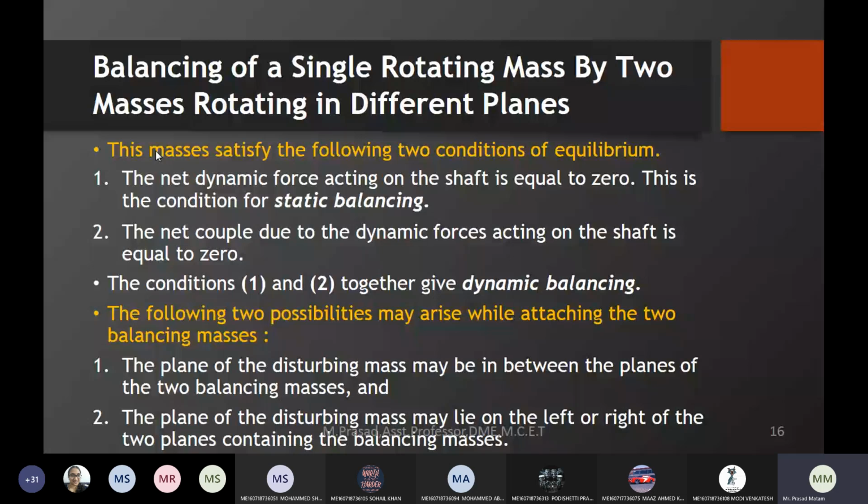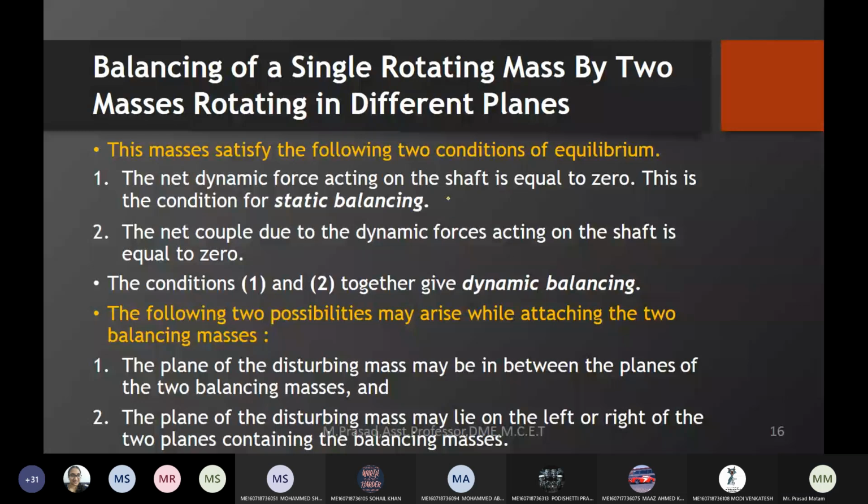What are the two conditions? The net dynamic force acting on the shaft should be equal to zero. That is the condition for static balancing. Next, the net couple due to dynamic forces acting on the shaft should be equal to zero. That is, the sum of all the moments should be equal to zero.